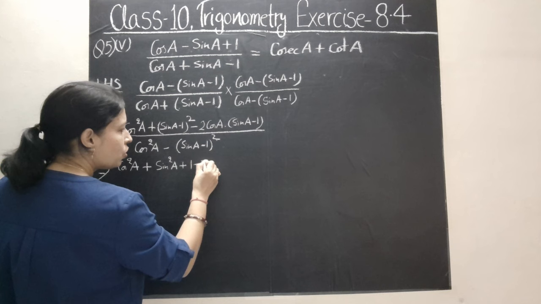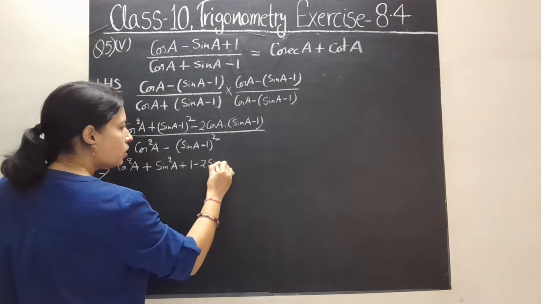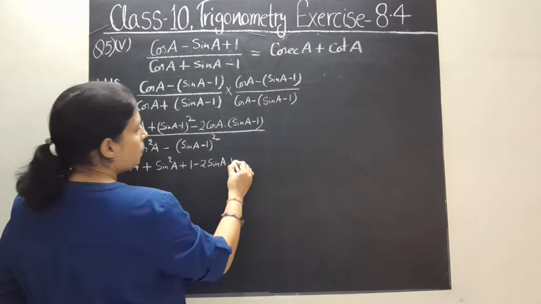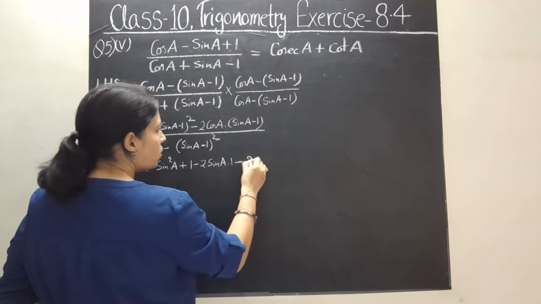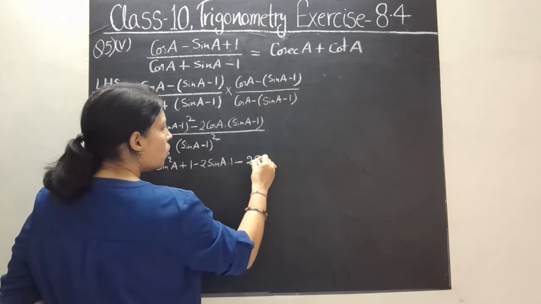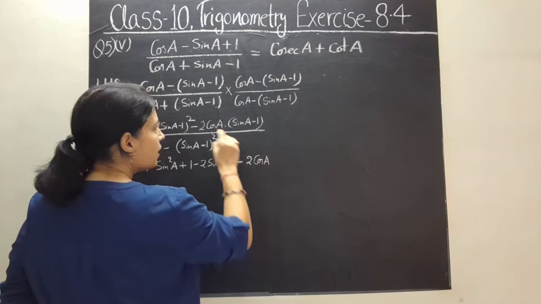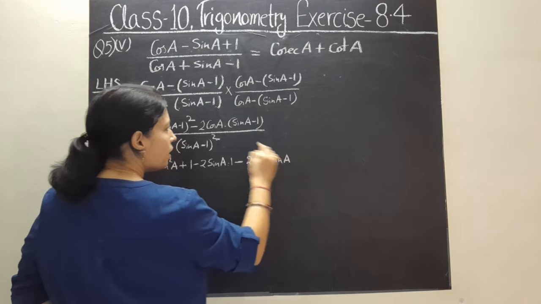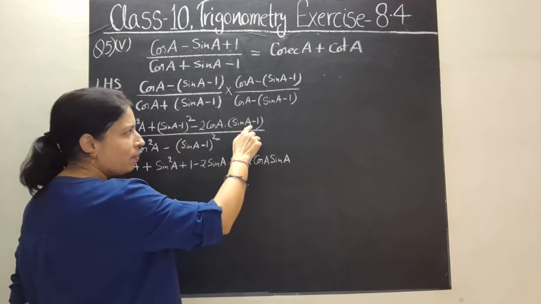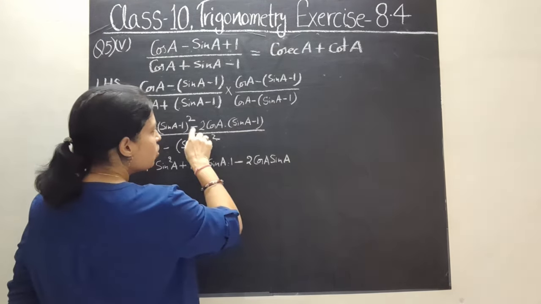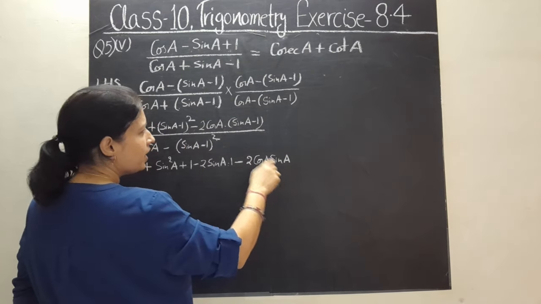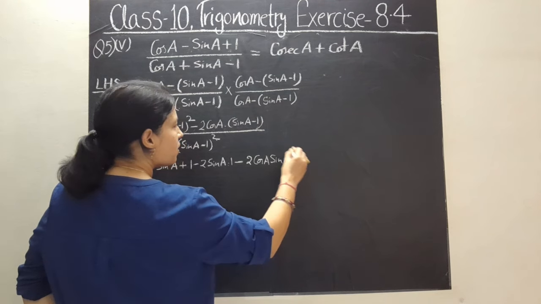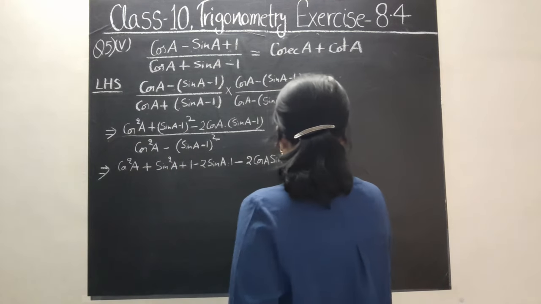So minus 2, sin a and b is 1, minus 2 cos a into sin a. cos a को multiply करेंगे sin a में भी और 1 के साथ भी. So minus 2 cos a into sin a, and जब ये 1 में multiply होगा then it becomes plus 2 cos a.